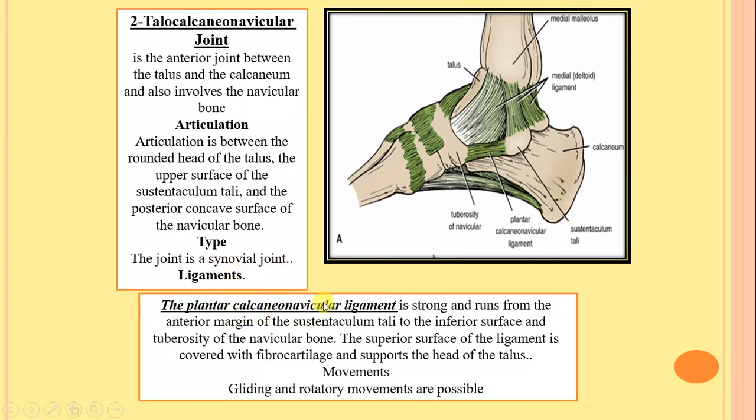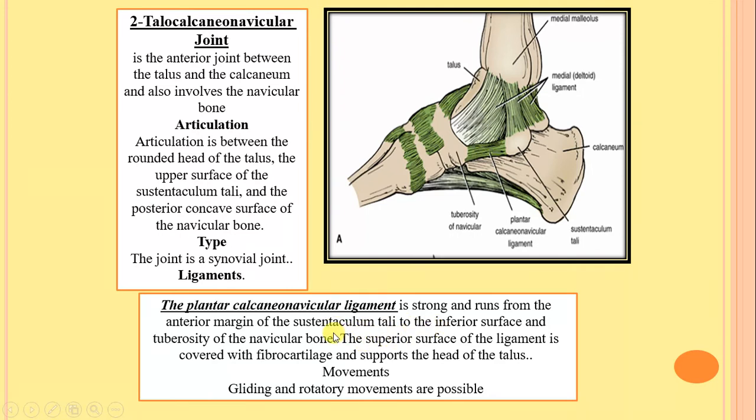One very important ligament is the plantar calcaneonavicular ligament, forming part of the talocalcaneonavicular joint, and it's also called the spring ligament, providing strength. Movements are gliding and rotatory movements.